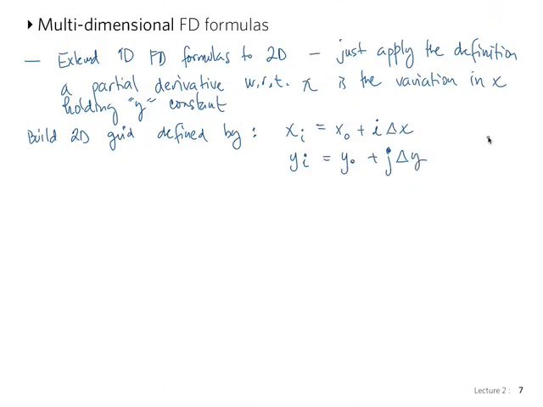So now we have this two-dimensional grid where we have i for the x direction and j for the y direction.